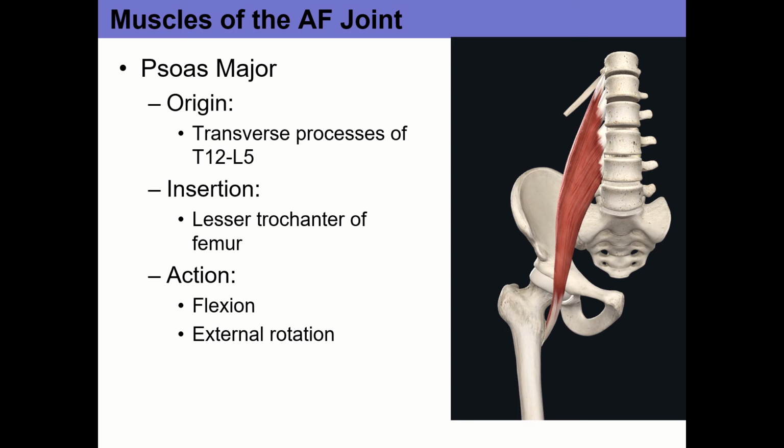Again, in terms of transverse processes, those are the projections. There's a right transverse process and a left transverse process on each vertebra. And so it's going to arise from each of those on one side. So your right psoas muscle arises from the right transverse processes on each of those lumbar vertebrae. And again, the belly is going to run in together with iliacus and insert there at the lesser trochanter. So same actions, powerful hip flexor, and then it is also an external rotator at the hip.